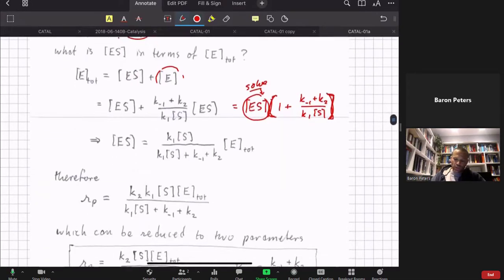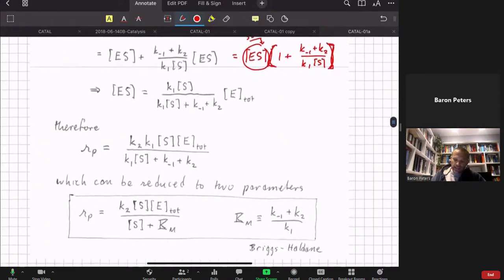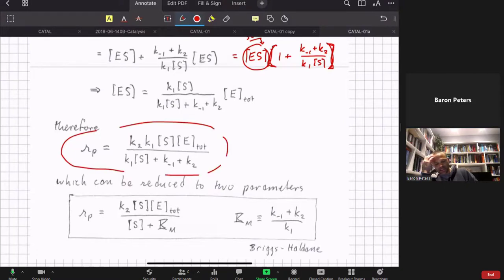Okay? So we go through and we do the math on that, and you get an expression that looks like this. Okay, so this is my final answer in a sense. It is customary to try and write this in terms of a smaller number of kinetic parameters. In other contexts of catalysis, we usually write them in so-called 1+ form.